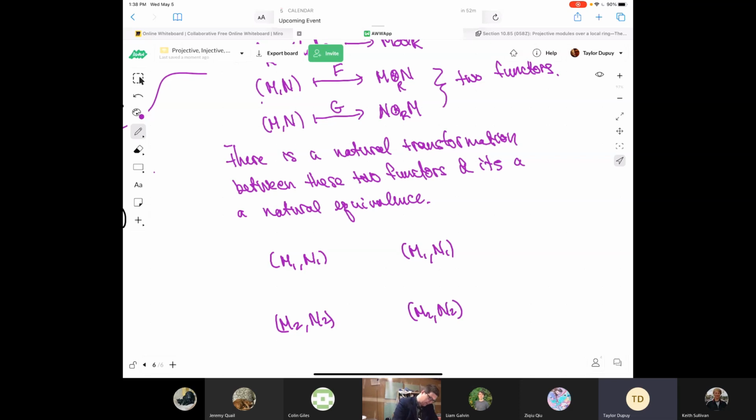Then we have the functor F, which is F of some morphism in this category. We have G of a morphism in the category. And then this thing here is the natural equivalence.